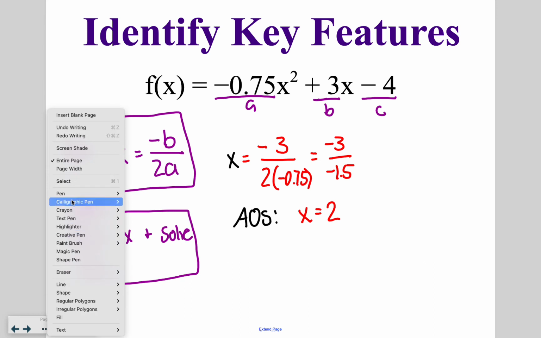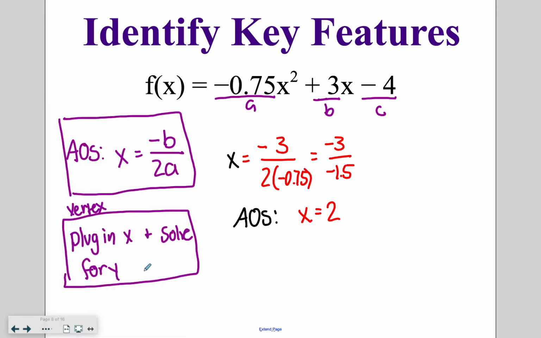So I'm going to take now my x value, which was 2, and plug it into the equation. So I'm going to say negative 0.75 times 2 squared plus 3 times 2 minus 4. You can plug this entire thing into your calculator, and when you do that, you are going to get a value of negative 1.